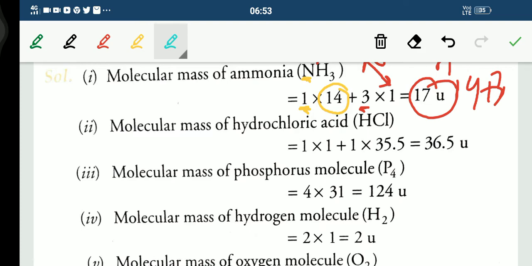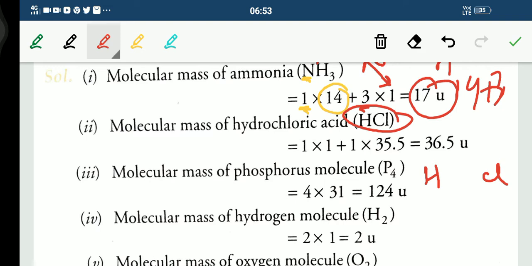Similarly, students, can we do it for hydrochloric acid, that is HCl? Of course we can. I want everybody to do it in their notebook. Fine. With me, start doing it and try to solve it on your own. See here, in HCl, that is hydrochloric acid, you can see hydrogen and chlorine. These are the 2 elements in this molecule.